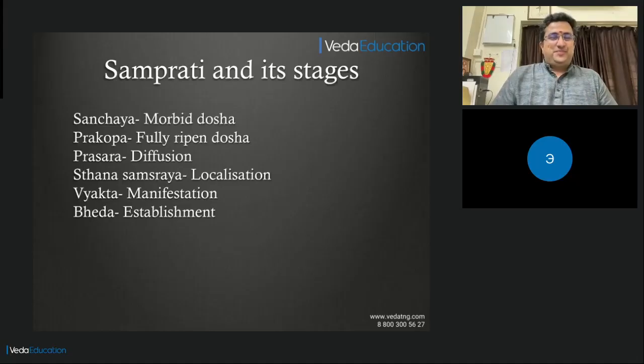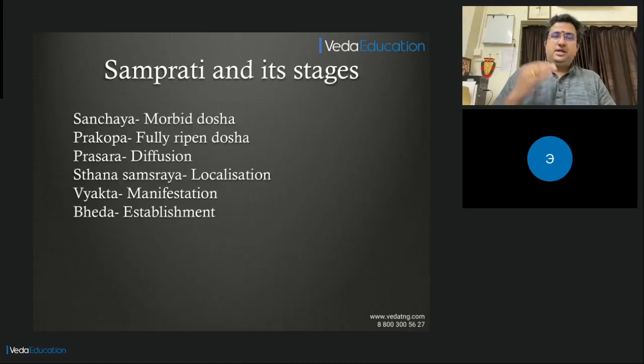In the second stage, called Prakopa, the dosha in the morbid state increases to its maximum, like a fully ripened dosha in its own site.